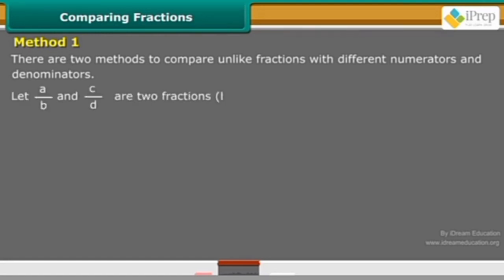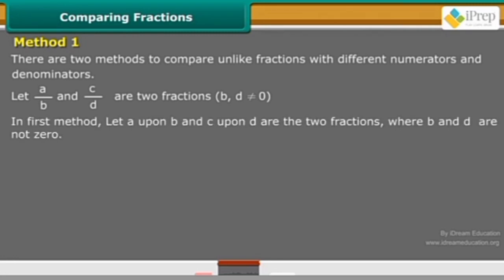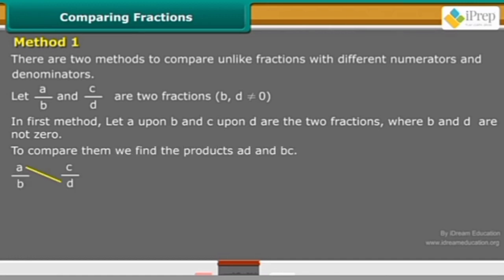Let A upon B and C upon D be two fractions where B and D are not equal to 0. In the first method, to compare them, we find the products AD and BC. 1.